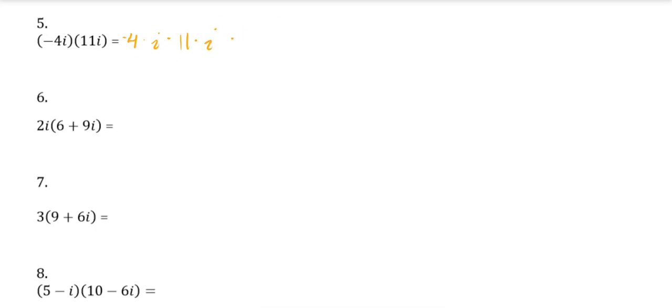And there's no reason to keep it in this order or to continue to think about it in this order. We could write -4 times 11 times i, which is i squared. Now, -4 times 11 is -44, but i squared is -1. And so that's going to turn this back to a positive 44.